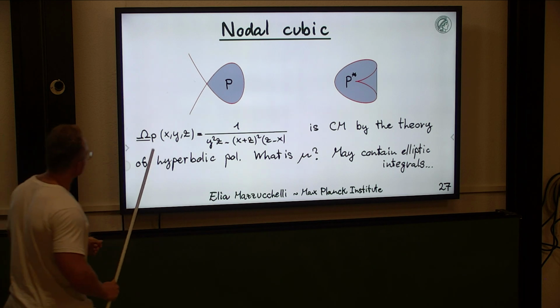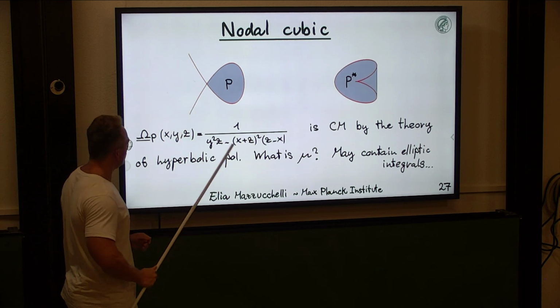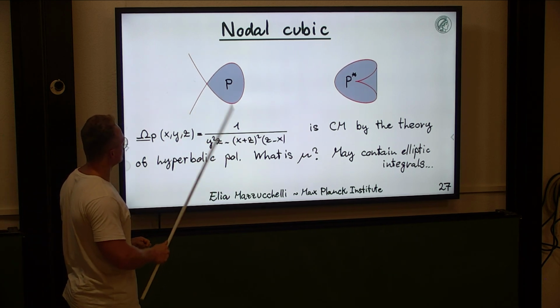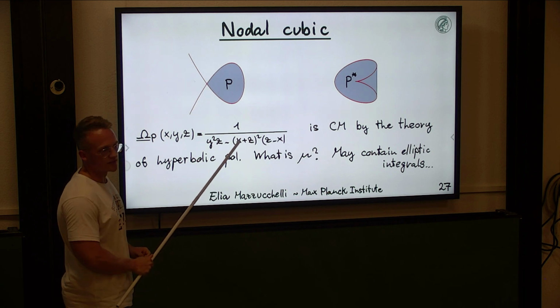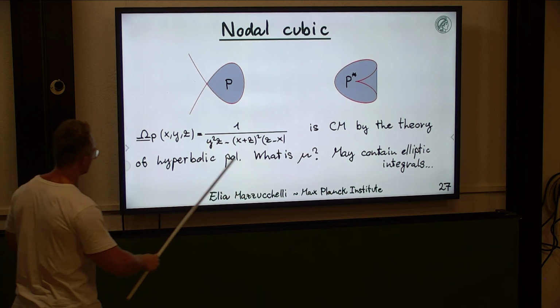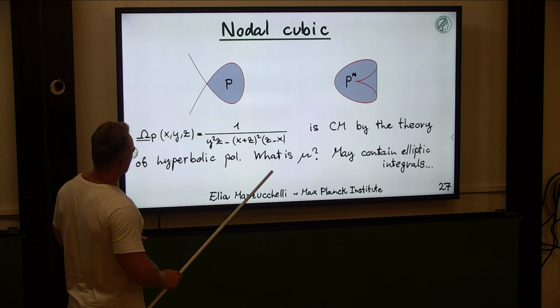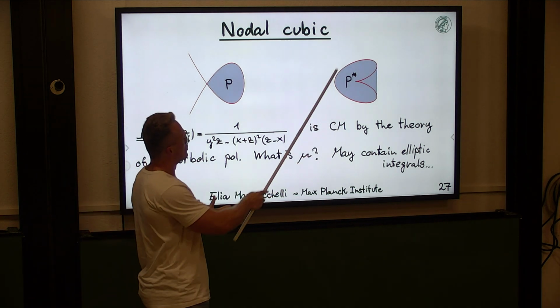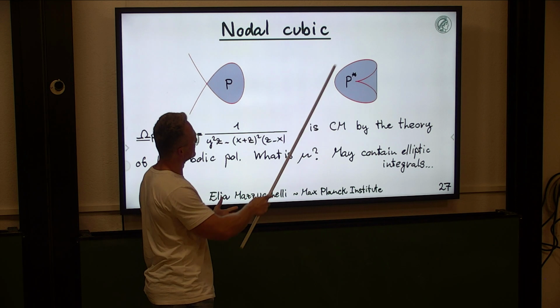And by general arguments, we know, for example, that the canonical function of a nodal cubic, which is 1 over the equation of the nodal cubic, is also completely monotone by this connection to hyperbolic polynomials. So there exists a non-negative measure supported on the dual, which is this thing here.